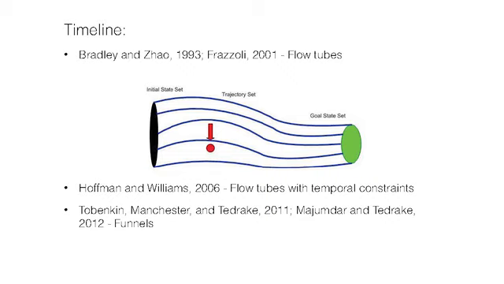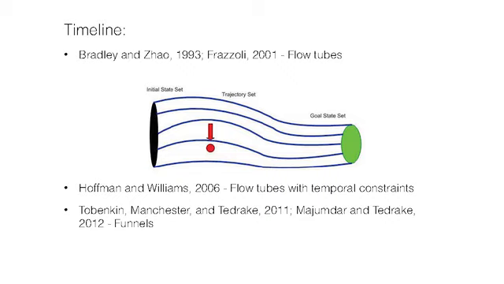So this is representing all possible places you can go. Then you search for these flow tubes to get your motion plan. And in 2006, Hoffman and Williams combined these flow tubes with temporal constraints so that you can also reason about complex systems that require spatial and temporal coordination, like the walking robot that you've seen before.